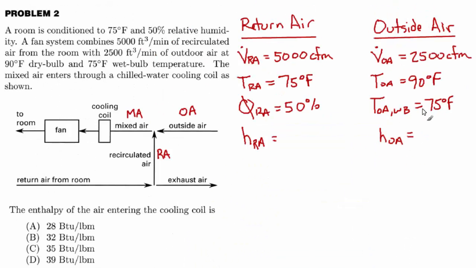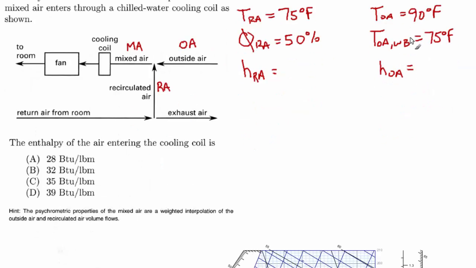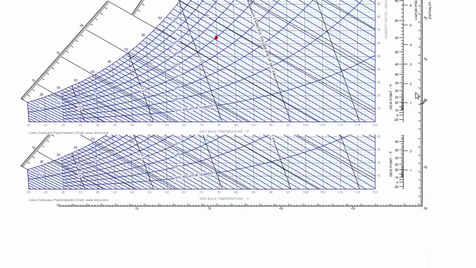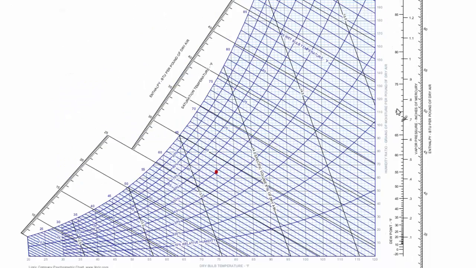Now when you have the wet bulb and you want the enthalpy, you actually don't need anything else, and I'll show you why. 90 degrees Fahrenheit, follow that up. That's this line here. But then the wet bulb is along this curved axis. So it's 75. To actually find the point, we'd have to find the intersection of 75 and 90, which is right here.